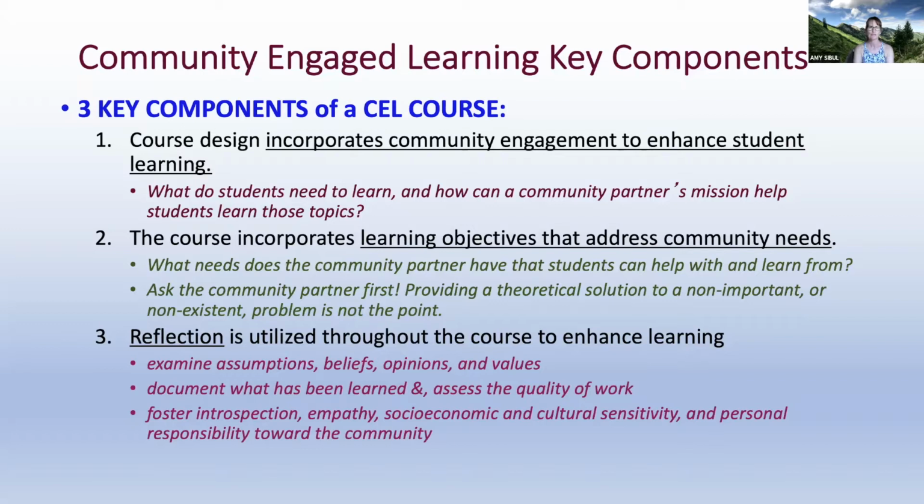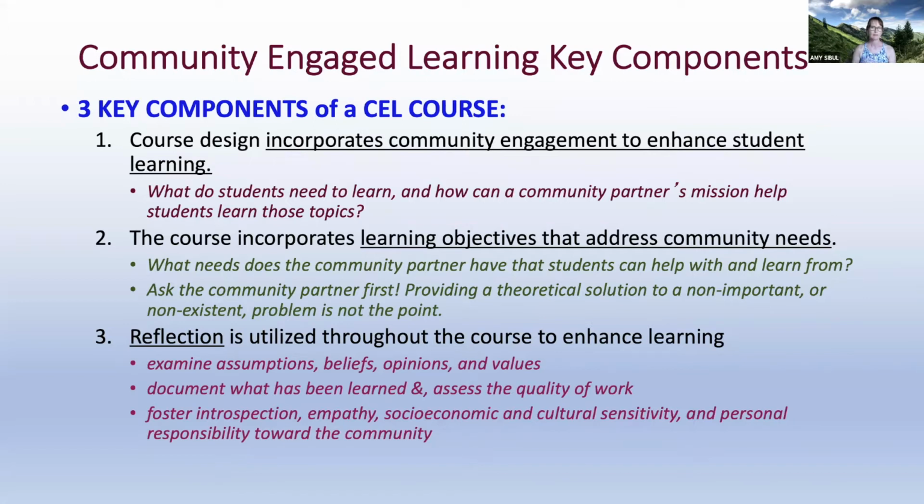So the first key component of community engaged learning classes, those classes that have this CEL attribute, is that it incorporates community engagement into the learning process. You basically learn by doing. There are learning objectives always identified for a course, and some of those learning objectives are taught by working in an authentic out of classroom setting where you can apply the theory and really see how it works in the real world.